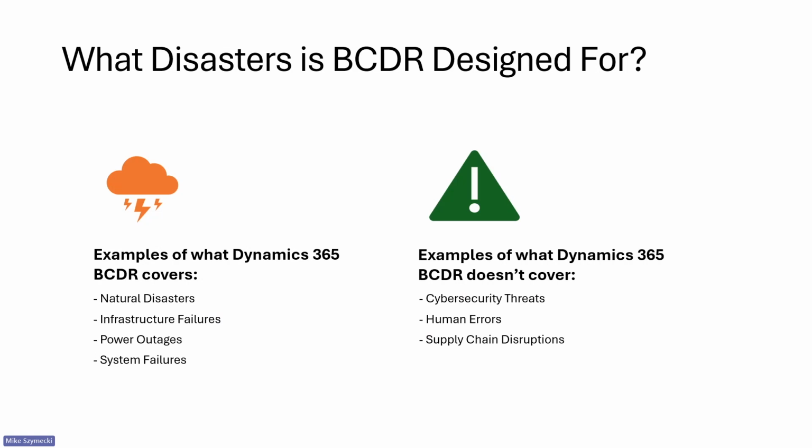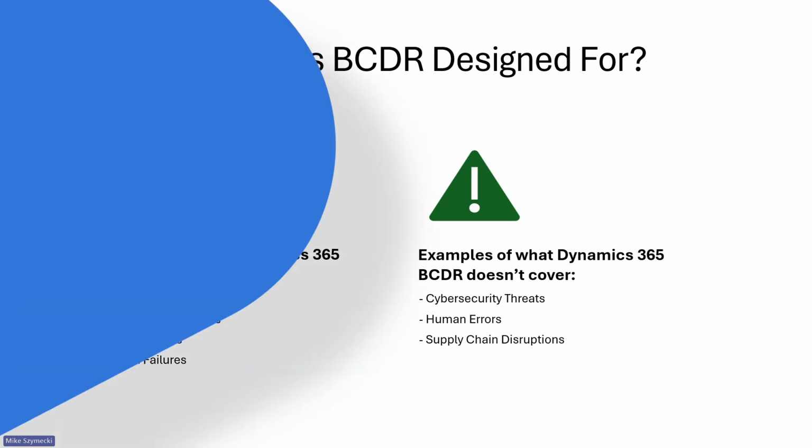These are areas where we all need additional planning and strategies to help mitigate, in addition to what we cover during BCDR. In a nutshell, our BCDR plan is great for handling physical and system-related disruptions, but can't account for everything. We need to be aware of the limitations and prepare accordingly.